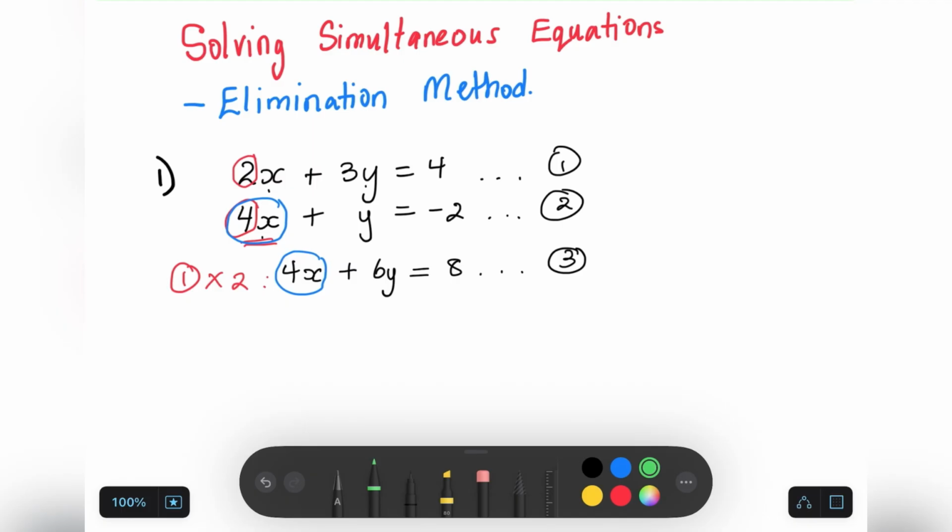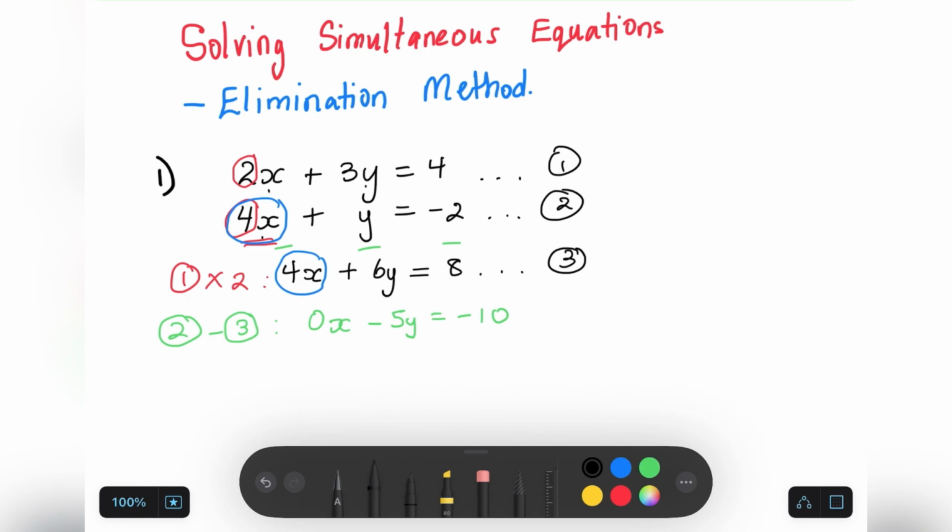So I'll say equation 2 take away equation 3. 4x take away 4x is 0x. y take away 6y is negative 5y. And then negative 2 take away 8 is negative 10.